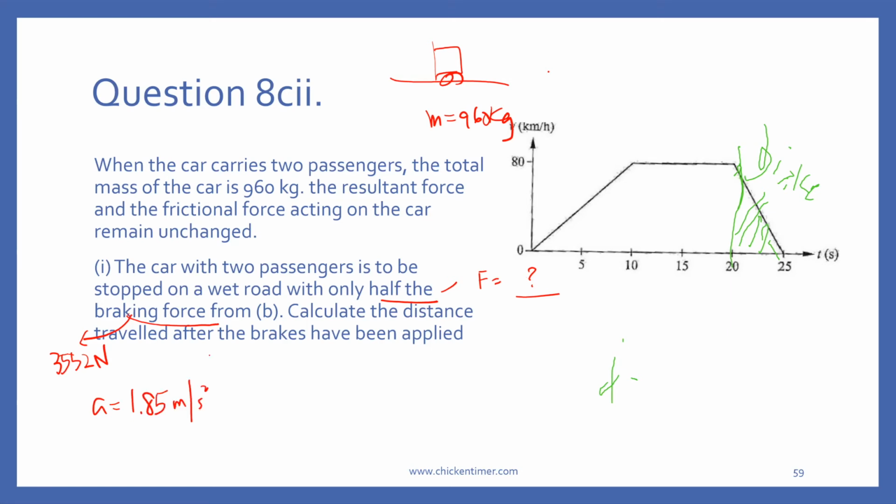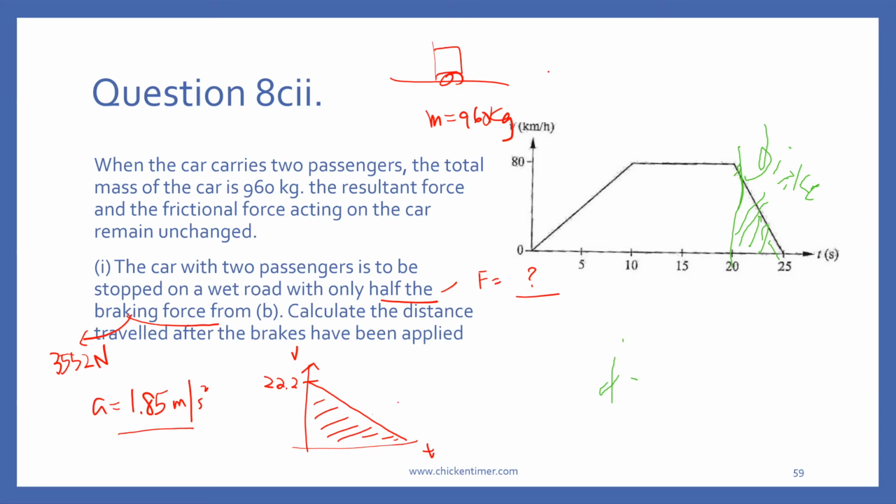So you have to find how long it takes to go to 0. In order to find the distance traveled, this is a VT graph, that means you want to find the area under the graph.